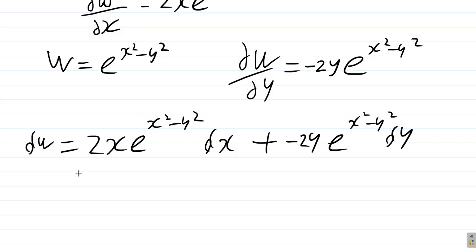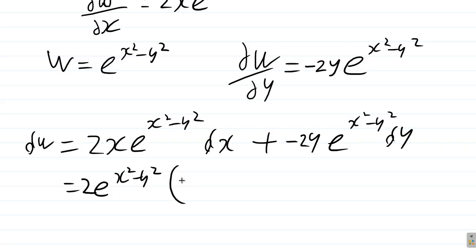Alright, so what we have here, we could simplify. Suppose we factorize and say we have 2 e to the x squared minus y squared. So we have that. Open bracket.